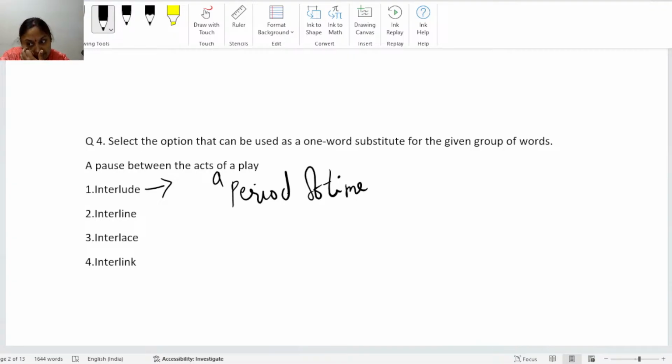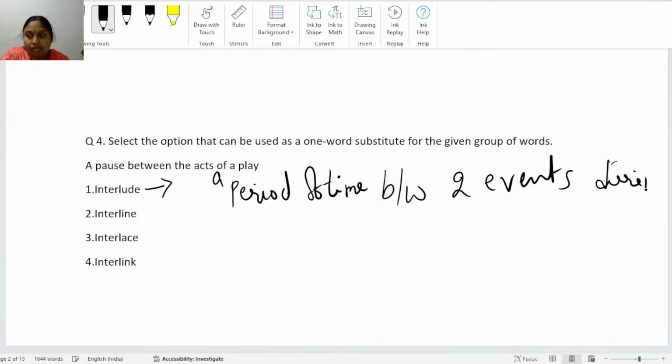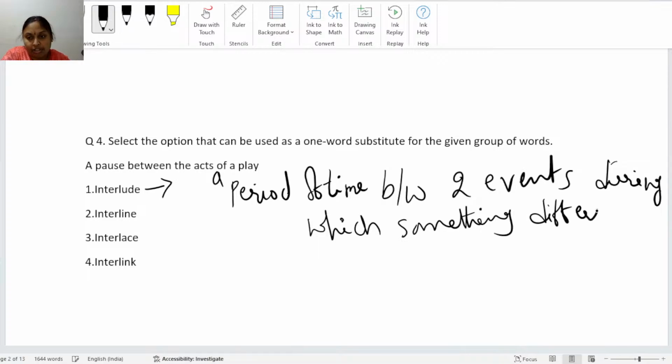So a period of time between two events during which something different happened.